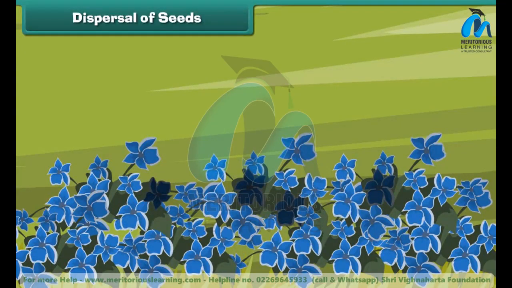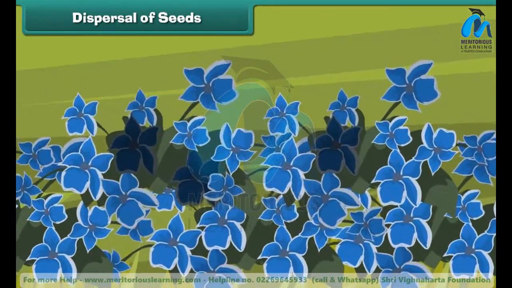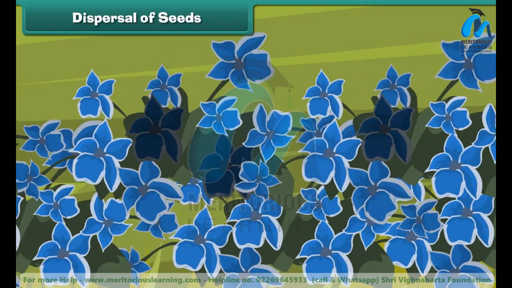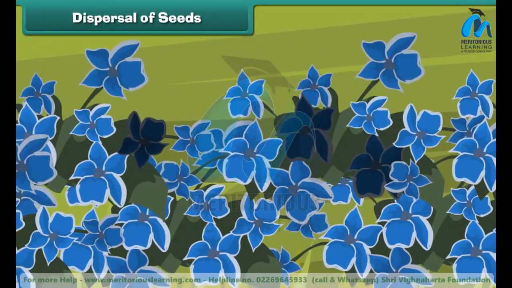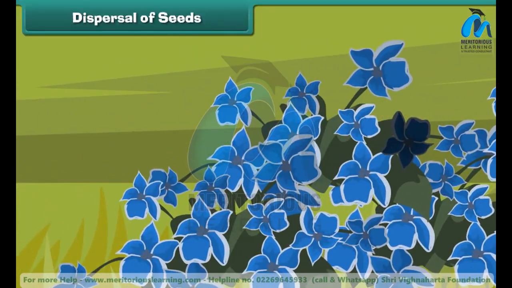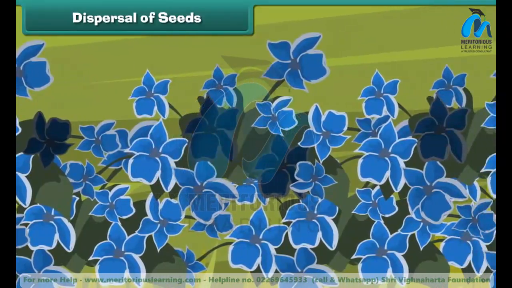Dispersal of seeds. What will be the condition of an area where all the seeds are grown near the parent plants? There will certainly be a shortage of space, water, minerals, and sunlight. So all the plants will not grow properly. Most of them will naturally die.